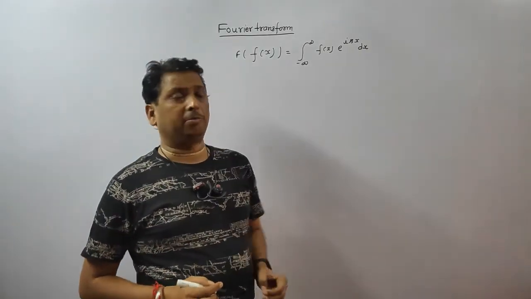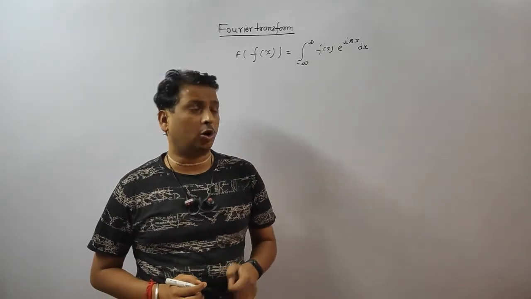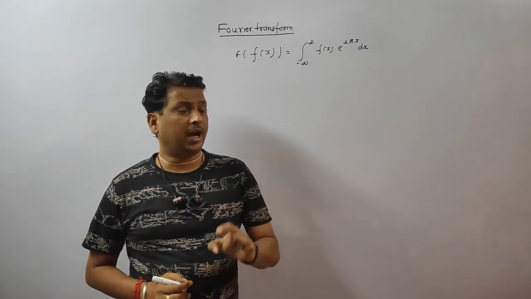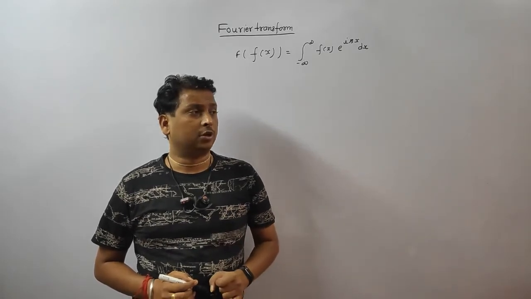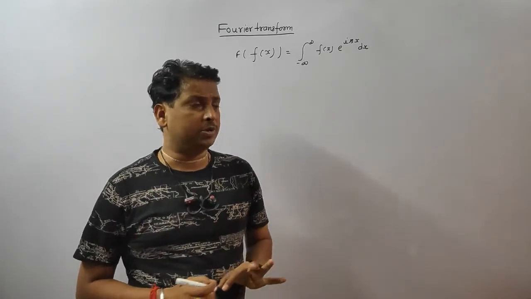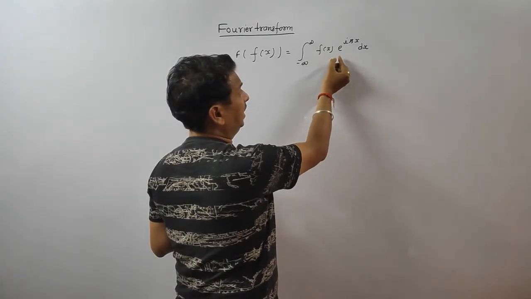So every time one function f(x) or f(t) will be given, and you have to calculate its Fourier transform. So how do we calculate the Fourier transform? Just put the value of f(x) here and integrate.